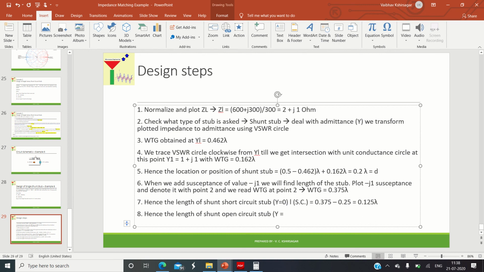Open circuit means it should be infinity, right? So we need to calculate the length L in that particular open circuit condition. So you need to find the open circuit position for the admittance in the given Smith chart.